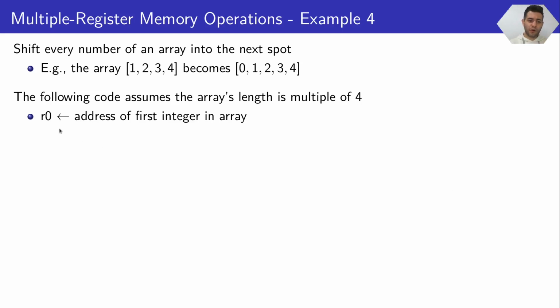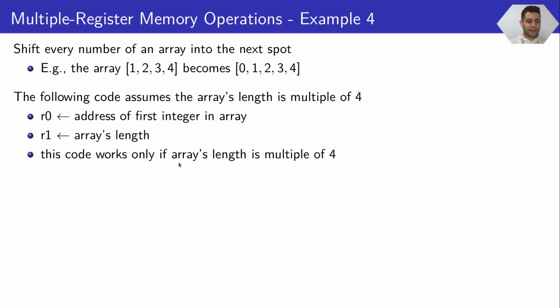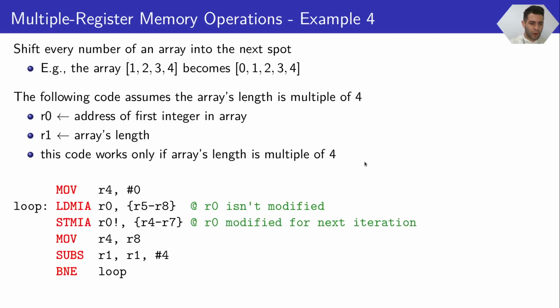In R0, we have the address of the first integer in the array, so the address that is pointing to the very first element. R1 is the array length, and as I already said, this code only works if the array length is a multiple of 4. So we start and we set 0 into R4.